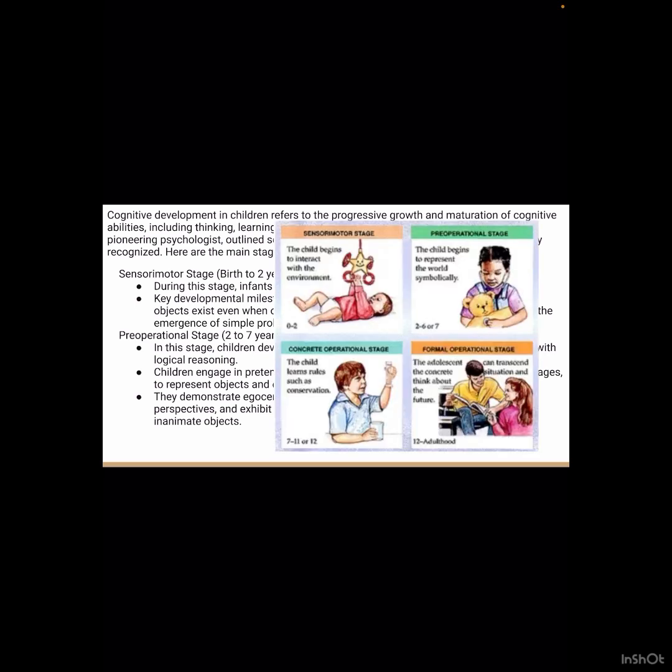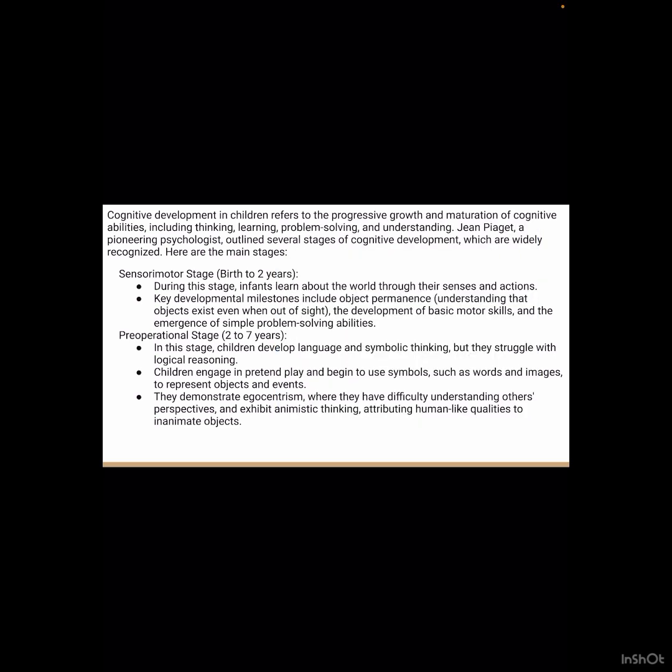So in the pre-operational stage, which is from 2 years old to 7 years old, this is the stage where children develop language and symbolic thinking, right? They may struggle with logical thinking, but they should understand language and symbolic thinking.